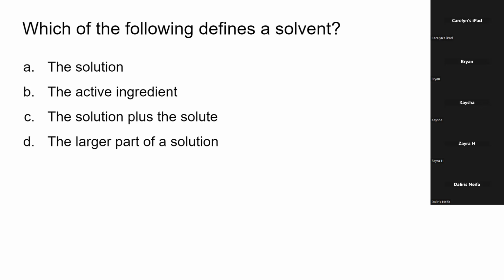Which of the following defines a solvent? We're talking about suspensions and solutions and solvents. So what is a solvent? Water is a good example of a solvent. Okay, D. We got a C over here too.